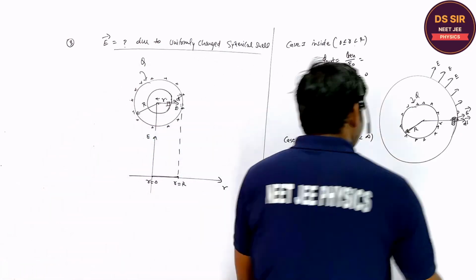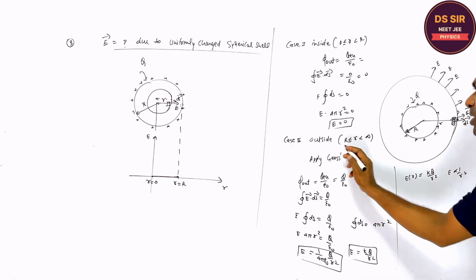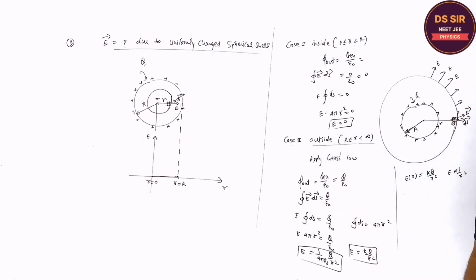The electric field, I am writing this side, is a function of r, and the electric field is inversely proportional to r square. Here the small r value varies from capital R to infinity. So at the surface, at r equal to capital R, what will be the electric field, you tell?